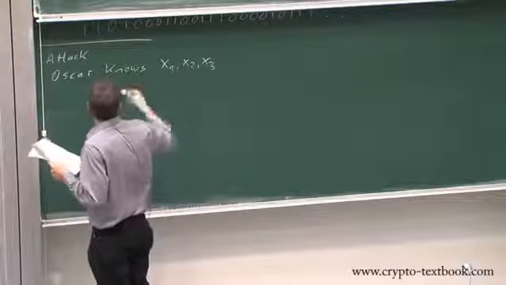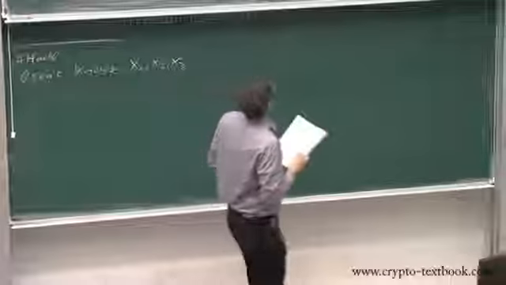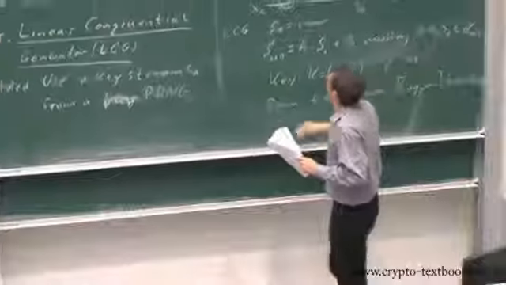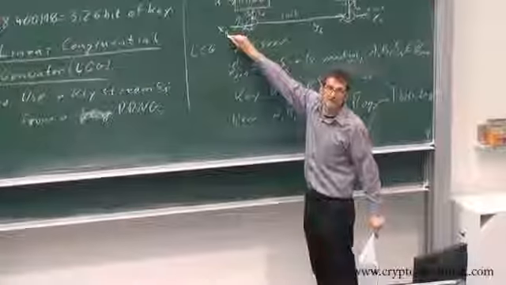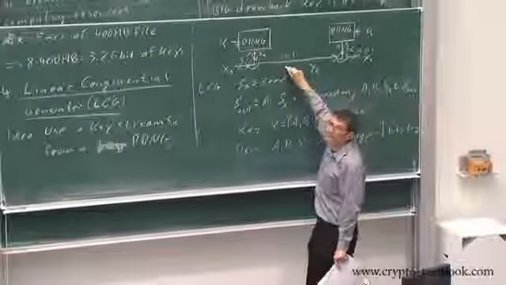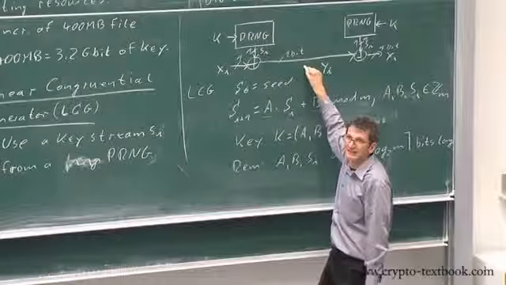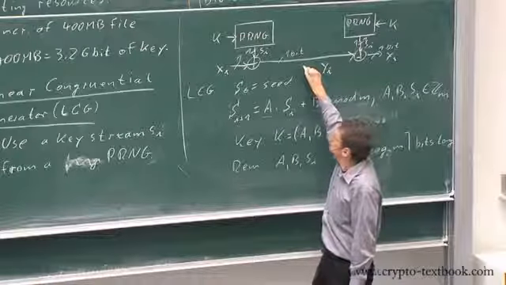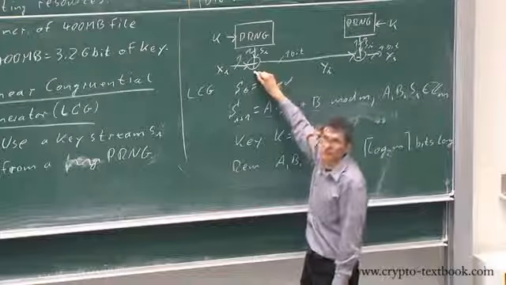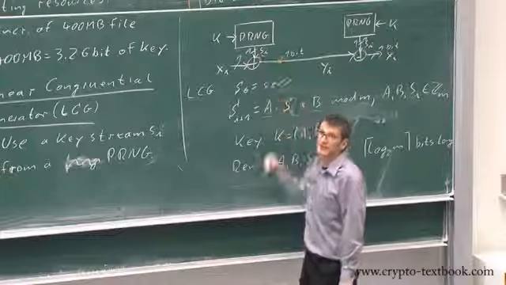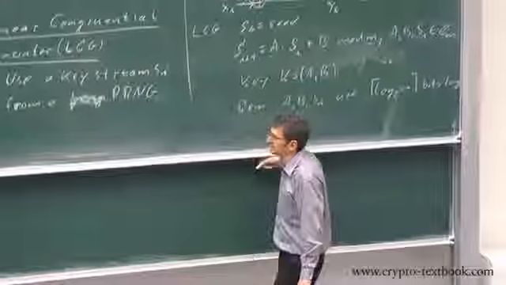And now, if he knows x1, he knows the first 96 bits here. He also knows, of course, all the ciphertext. The attacker, of course, has channel access. You must know the ciphertext. So what he can do now is just reverse this XOR operation. That means the attacker can compute S_i here.